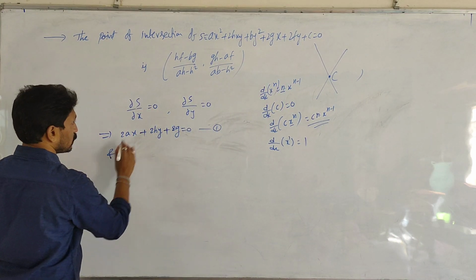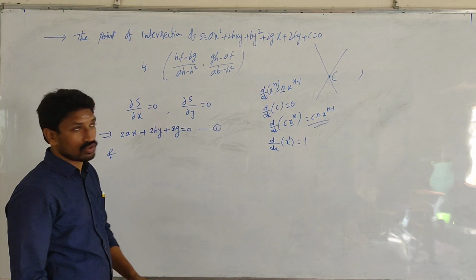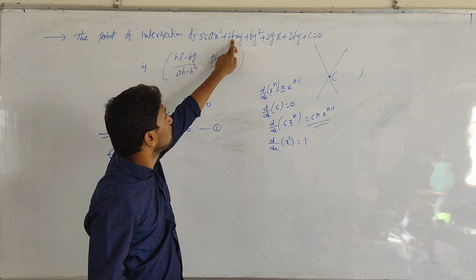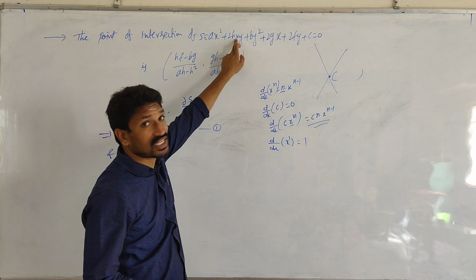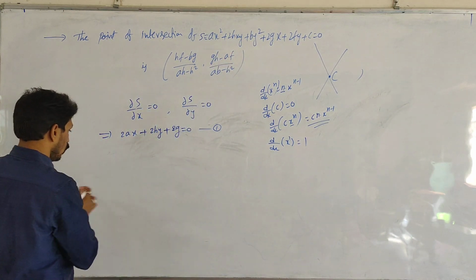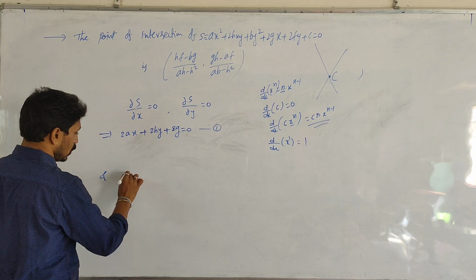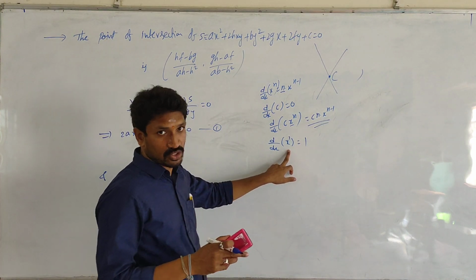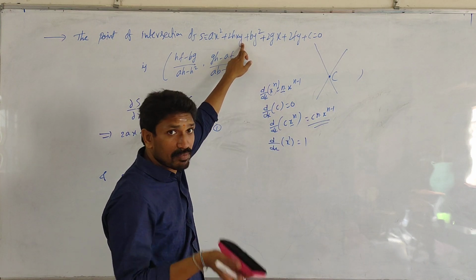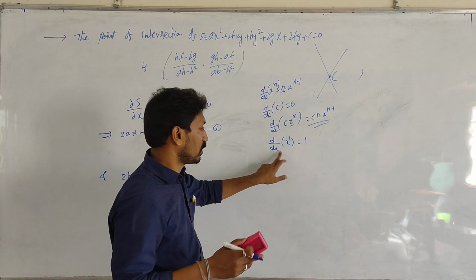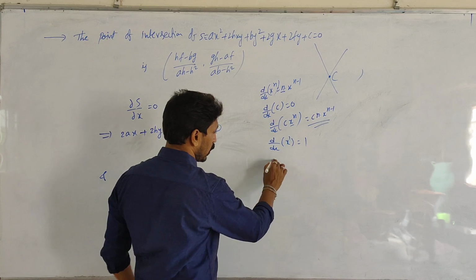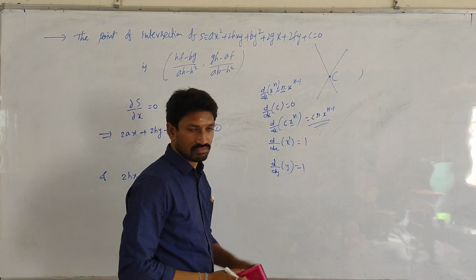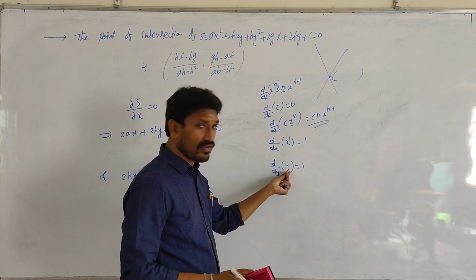And the second one is dou s by dou y is equal to 0. So the ax square term is 0 because there is no y. Here in 2hxy, 2hx is the constant, so 2hx into d by dy of y, which is also 1, since with respect to y it is the variable.